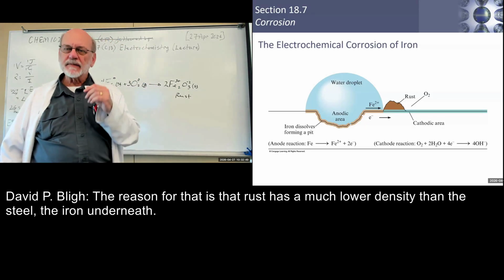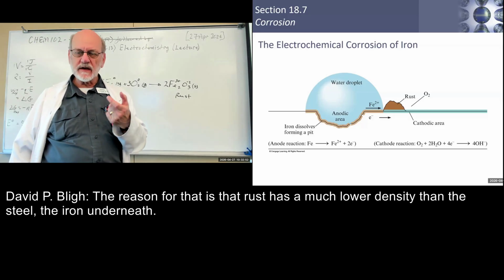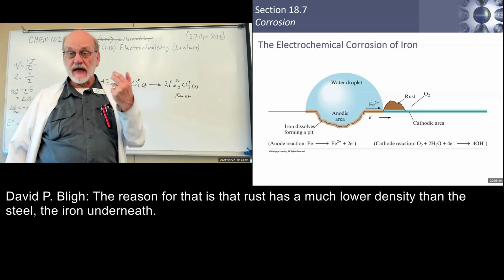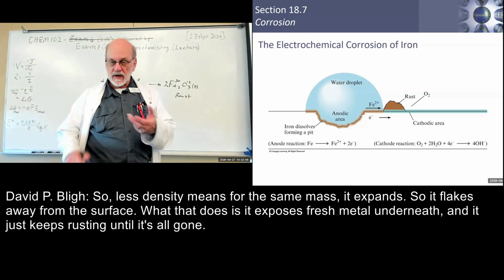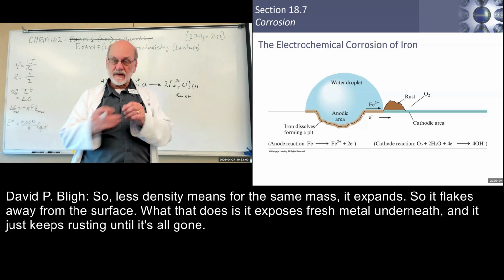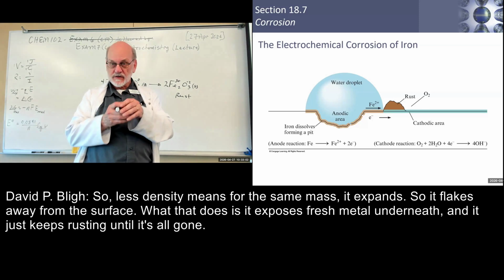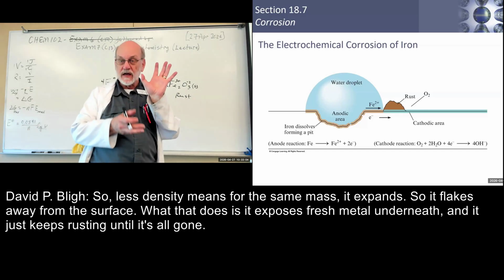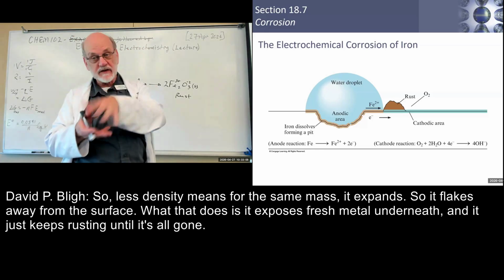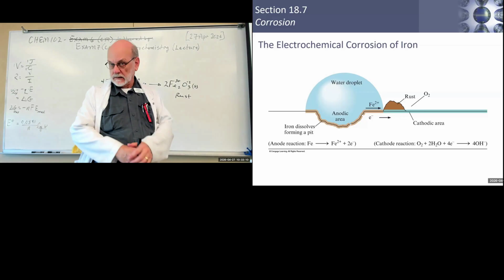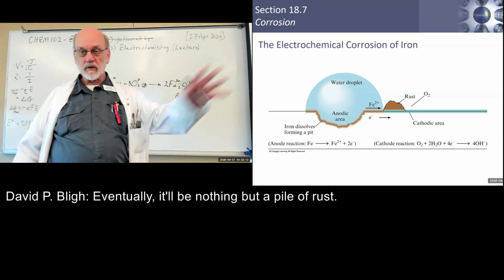The reason for that is that rust has a much lower density than the steel, the iron underneath. So less density means for the same mass, it expands. So it flakes away from the surface. What that does is it exposes fresh metal underneath, and it just keeps rusting until it's all gone. Eventually, it'll be nothing but a pile of rust.